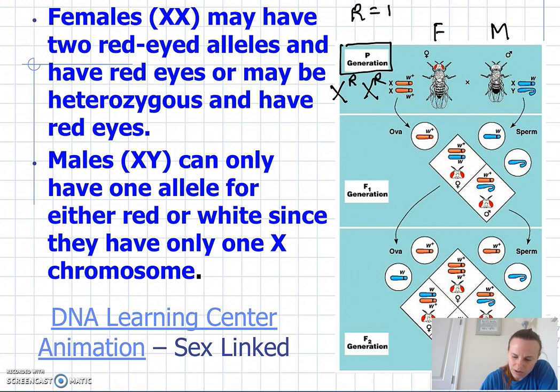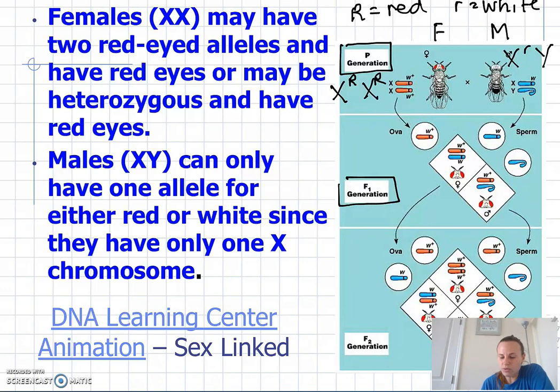In other words, capital R is red, lowercase r is white. Then the nomenclature for the male would be X lowercase r Y, because he's true breeding white. If we look at the F1 generation, do you notice that all the females and all the males will be heterozygous, but they would express red eyes? And that follows Mendel's pattern of inheritance of dominance.